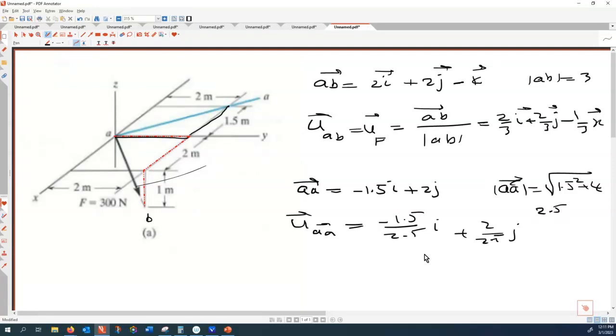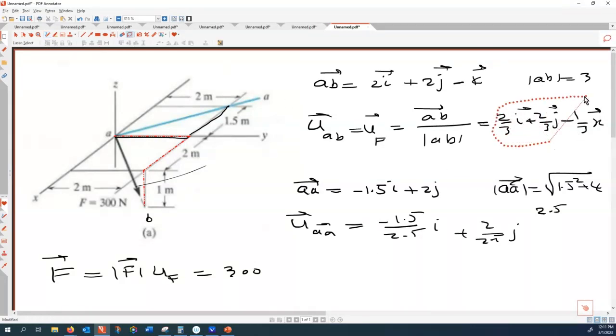All right. So the next step is how do I write force F as a vector? So force F, that is the magnitude of F multiplied by its unit vector of F. The magnitude is 300 and its unit vector is the unit vector of AA, sorry.